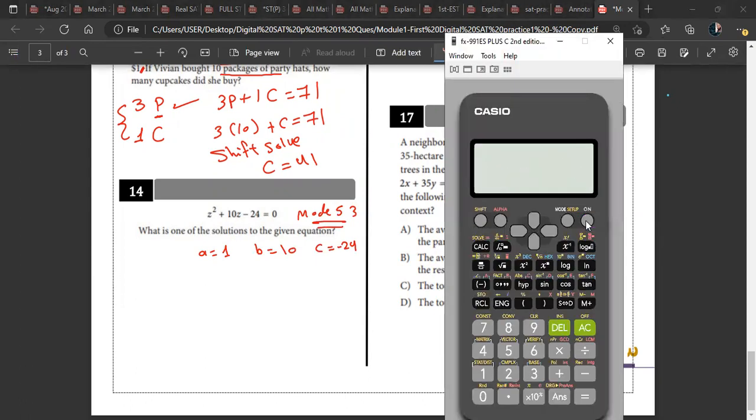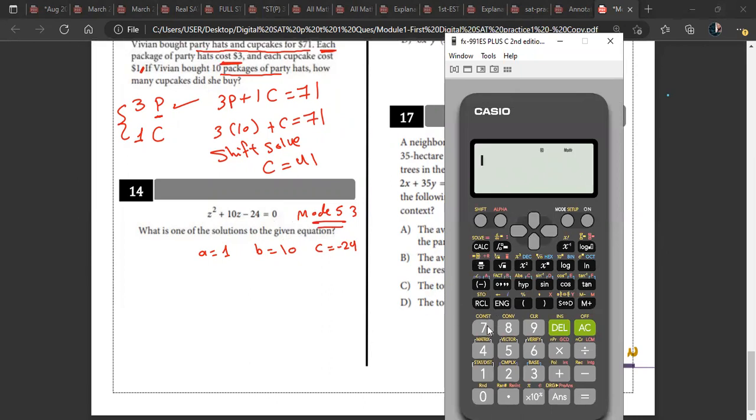Here it will be mode 5-3. A equals 1 equal, then 10 equal, then negative 24 equal. Then another equal. So x1 equals 2 is the first solution, and the second solution, x equals negative 12.